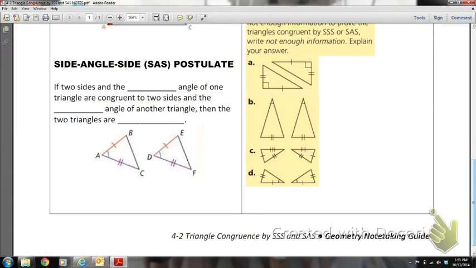So the next postulate is the side angle side postulate. And it indicates that if 2 sides and the included angle of one triangle are congruent to 2 sides and the included angle of another triangle, then those 2 triangles are going to be congruent.